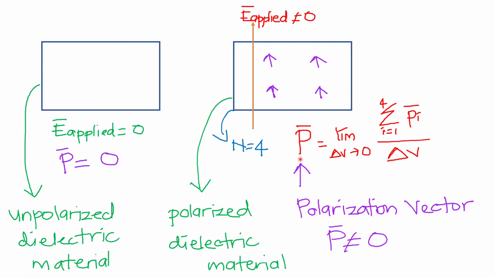When we have this kind of scenario, that material is known as a polarized dielectric material, while when there is no polarization vector in this material, we call it an unpolarized dielectric material.